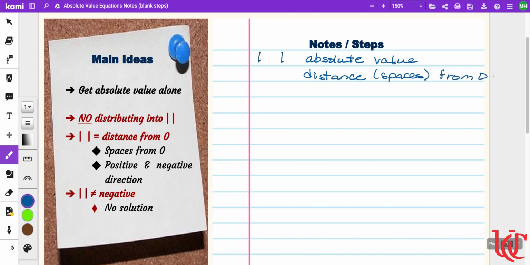A lot of times when I do absolute value, once I get so far in the problem, I really revert back to a number line so that I can think about things. But in general, what you can hopefully remember is absolute value of stuff equals, and it's always going to be a number of spaces.